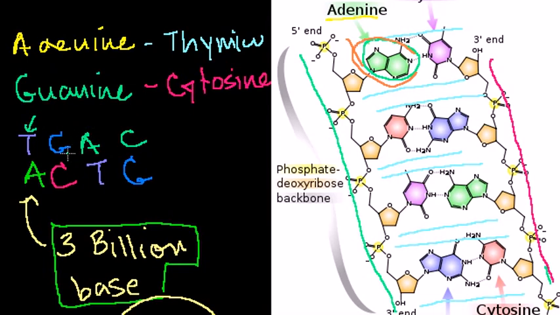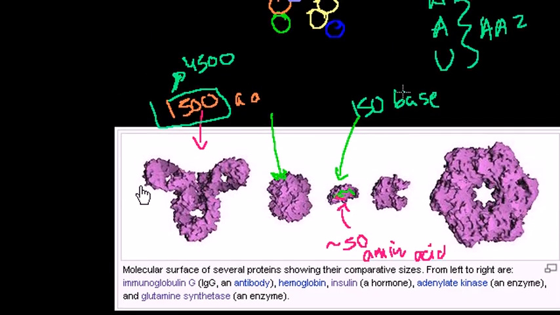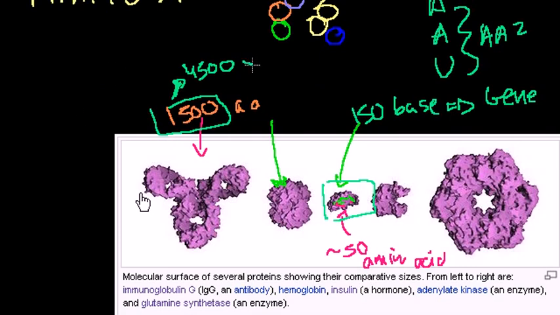But how does that relate to things like genes and chromosomes that you might talk about in other contexts? So these base pairs, let's say the 150 base pairs that coded for insulin, these make up a gene. And these 4,500 base pairs make up another gene.